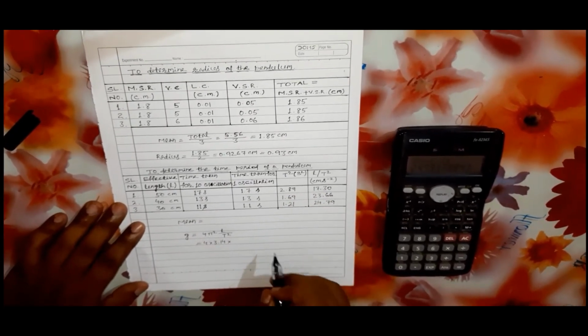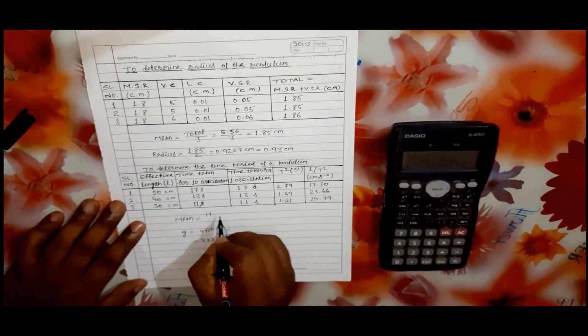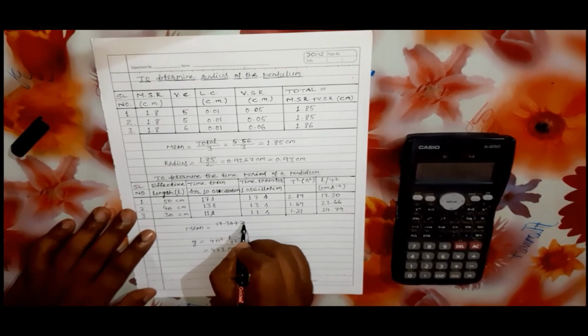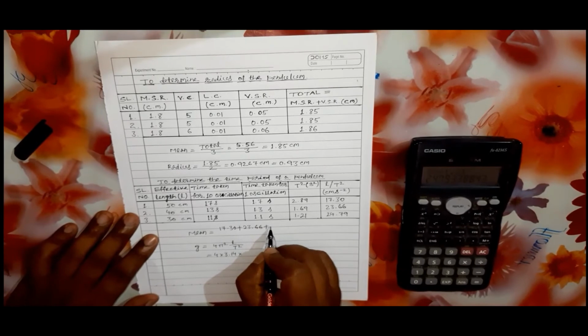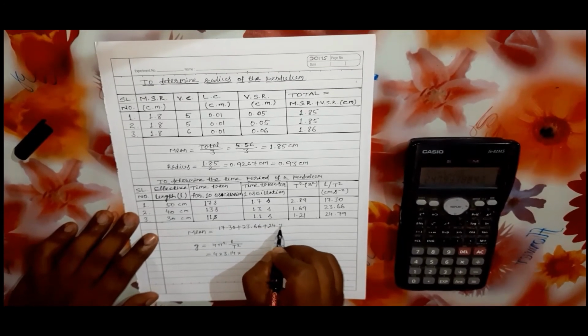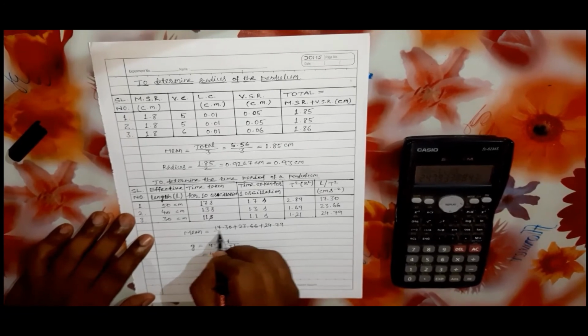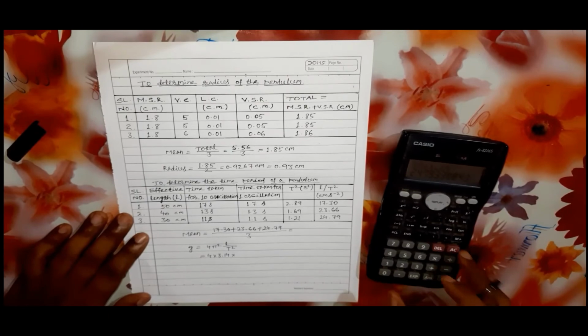Now you have to take the mean. So 17.30 plus 23.66 plus 24.79, we have to add and divide by 3 to get the mean.